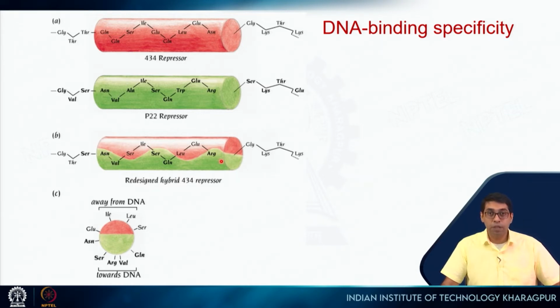So when these changes were made, the overall tertiary structure is that of the 434 repressor, but only these few amino acids were changed, which are coming from the P22 repressor, and now this hybrid structure will bind the DNA for the P22 repressor, not that of the 434 repressor, right? So these residues which are towards the DNA have been changed, and that changes the specificity of the DNA binding for this particular protein.